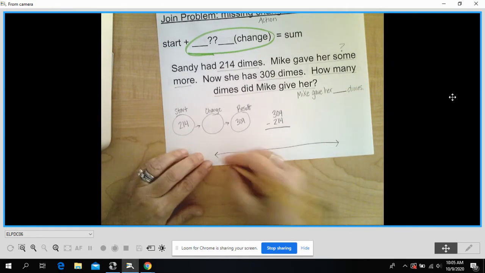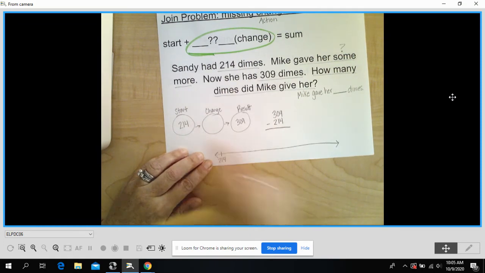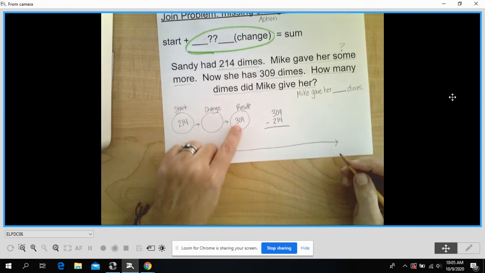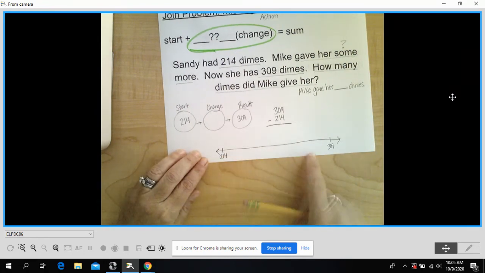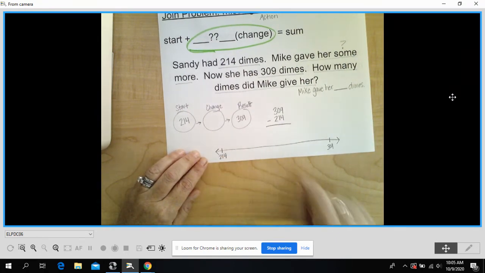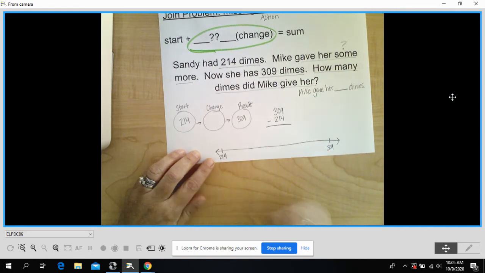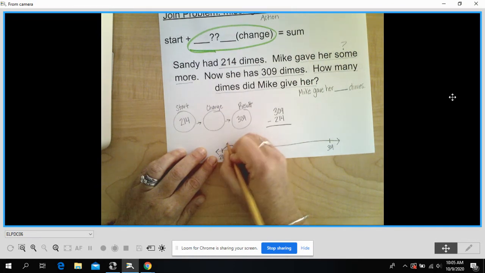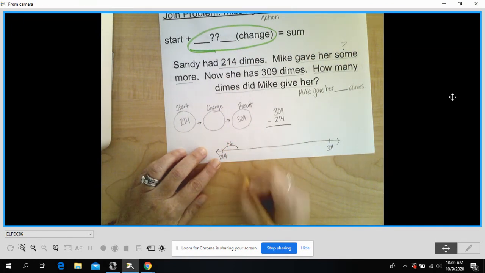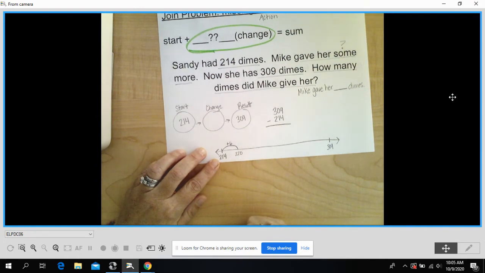So since this is my number line, I'm going to start it not at 0, but at 214. And I know that I want to get to the end, to the result, which is 309. So I'm going to move up my number line making some jumps so that I move from 214 to 309. Now for me, it's friendly to do a jump of plus 6 because that gets me to 220.